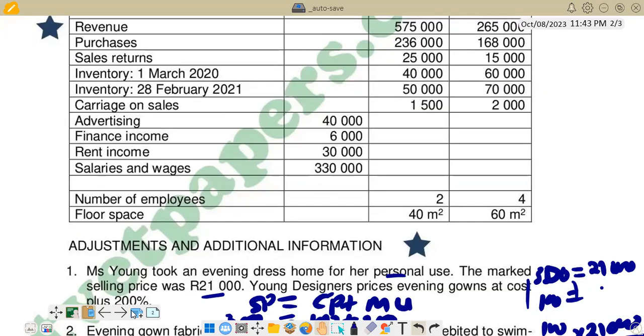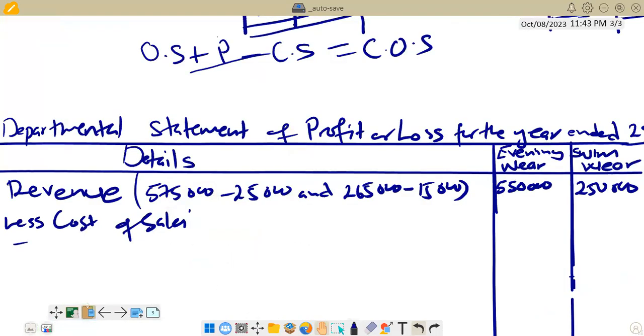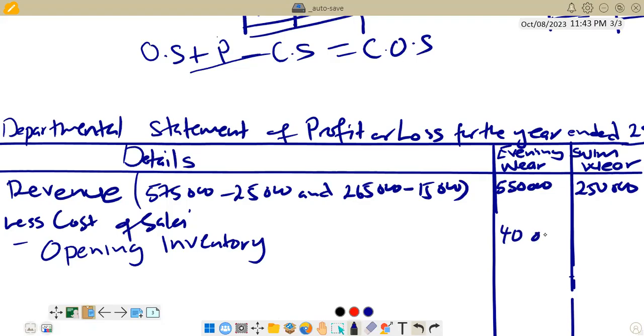So we go there and say opening inventory. So we are going to put for evening wear, we have 40,000. Then for swimwear, we have got 60,000.